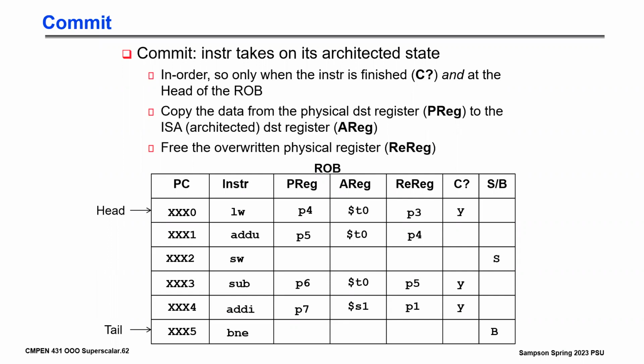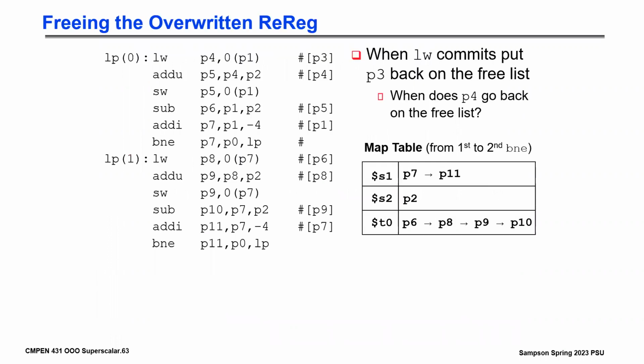In the branch, we will have to actually check, were you predicted correctly, which will tell us whether anything after that branch is in fact valid or a pile of steaming garbage. Okay, so in lower commits, we'll put P3 back on. And P4 will go on when the other instruction commits. Right.